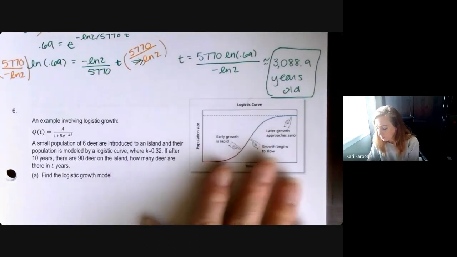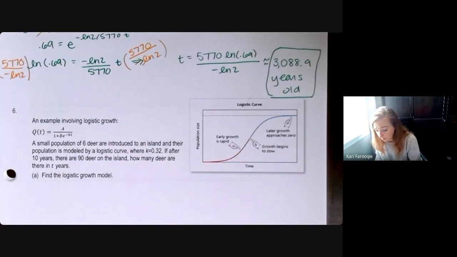So we'll look at the graph for this, but let's first talk about what our quantities might represent here. Now, I know the function's not the same. It's not Q of t equals Q sub naught e to the kt, but it's the same idea. We still have a Q of t and a t. Now, some of the important information that you're seeing here would be that 6 deer were introduced to an island.